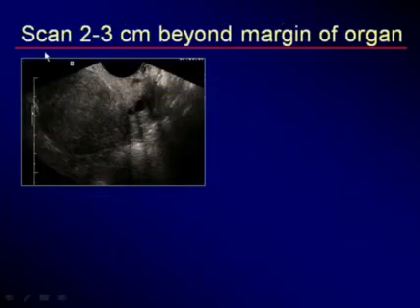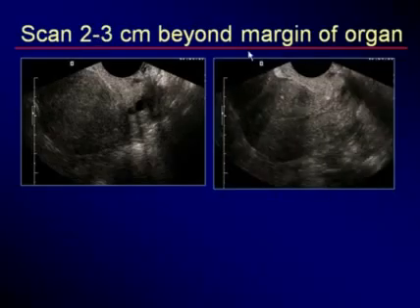We should image so that there's a 2 to 3 centimeter margin beyond the border of any mass, so that we don't miss exophytic or adjacent masses. Here's a uterus that just about makes it into our field of view, but the whole anterior part, the caudal aspect, is not well imaged.